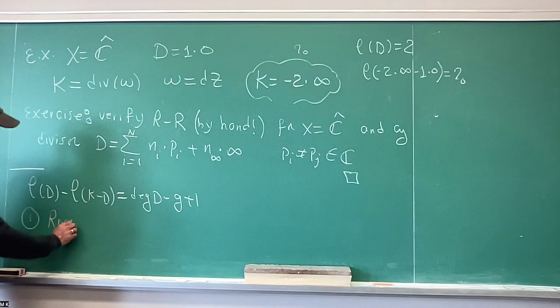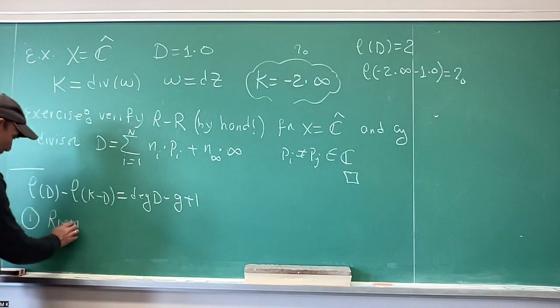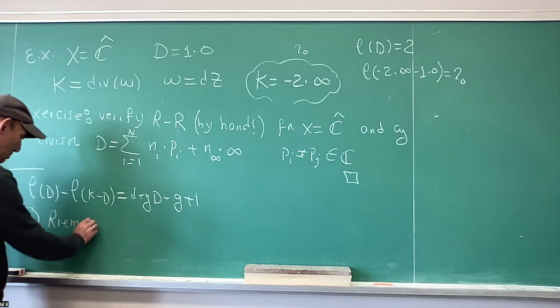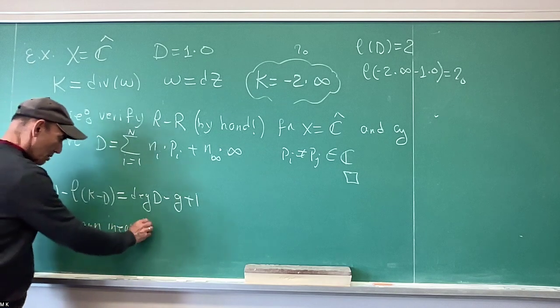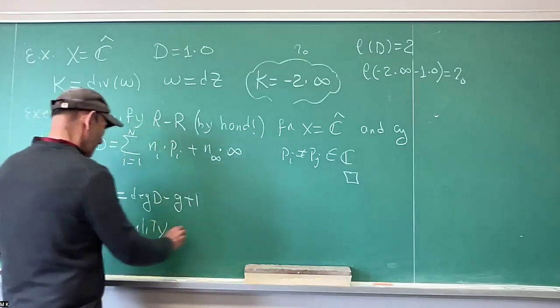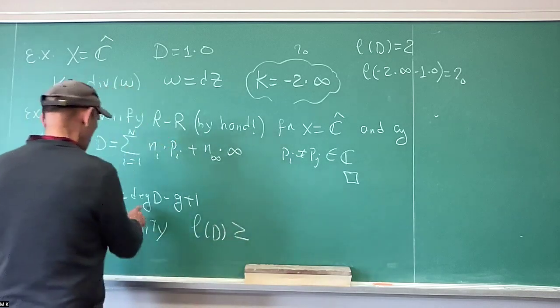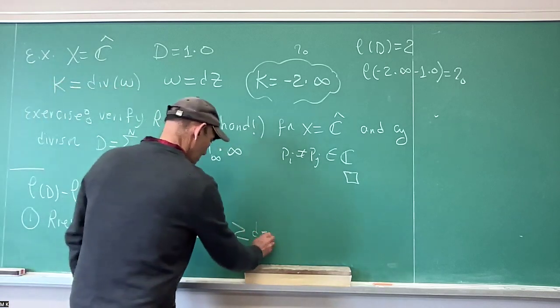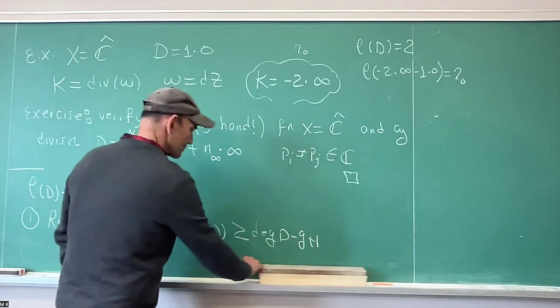This is what Riemann proved in his paper in 1857, Contributions to the Theory of Abelian Functions. He proved the following: L of D bigger than or equal to degree of D minus g plus 1.